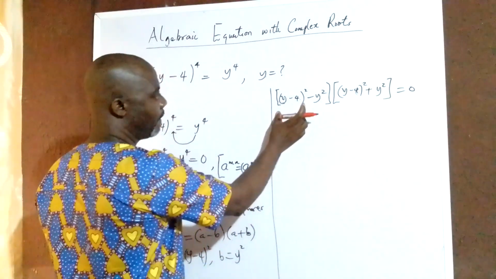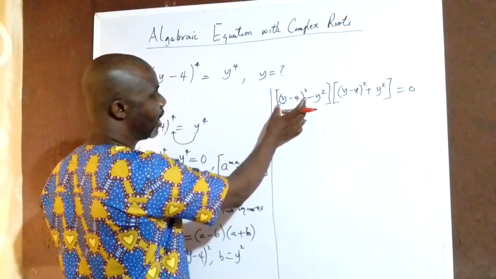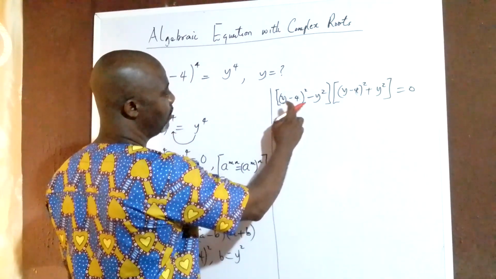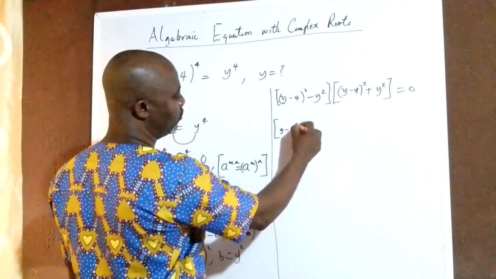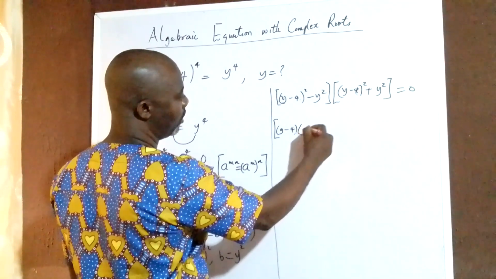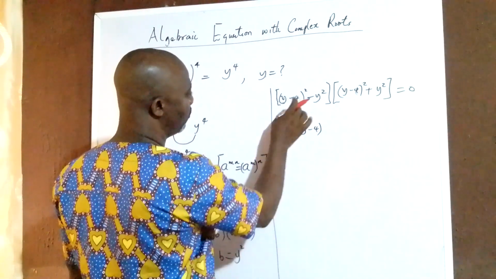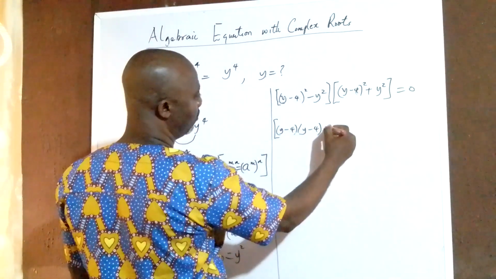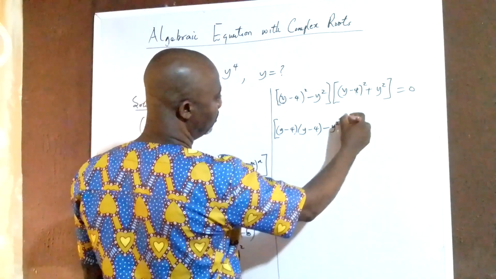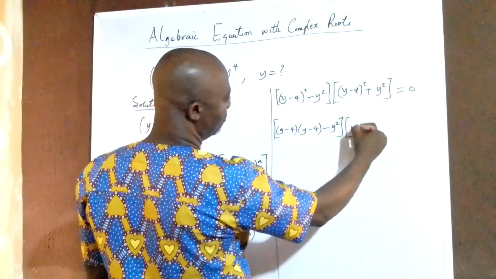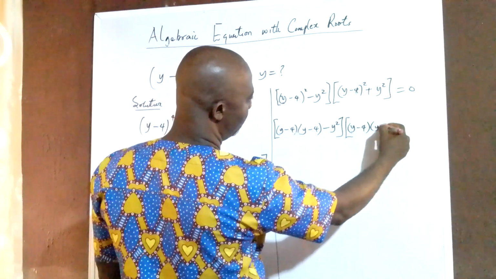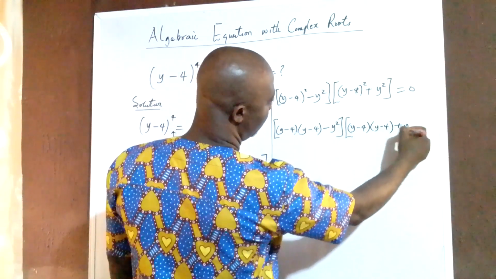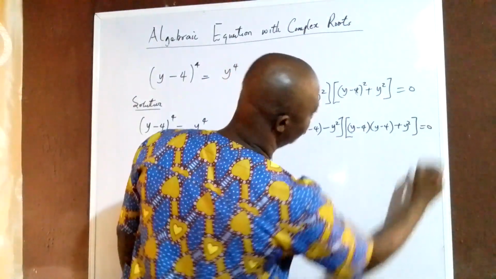We will further go ahead to expand this (y minus 4) squared. So we have (y minus 4) times (y minus 4), then minus y squared, times (y minus 4) times (y minus 4) plus y squared equal to 0.